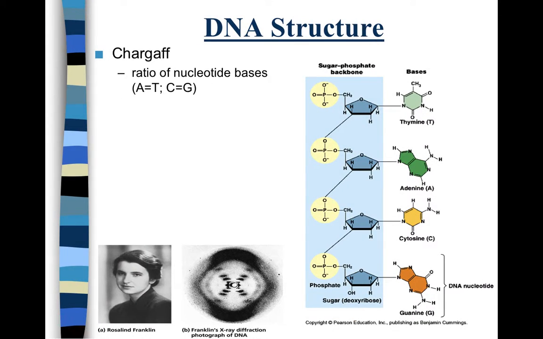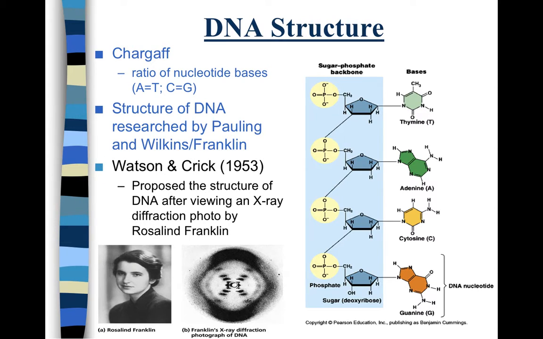DNA structure. All right. We had Chargaff, who discovered the ratio of the nucleotide bases, A to T and C to G. The structure of DNA was researched by Pauling, Wilkins and Franklin.